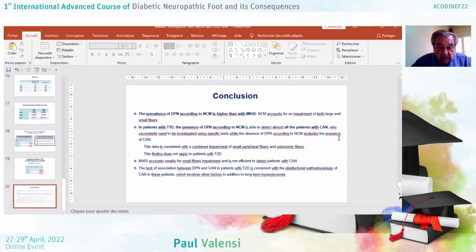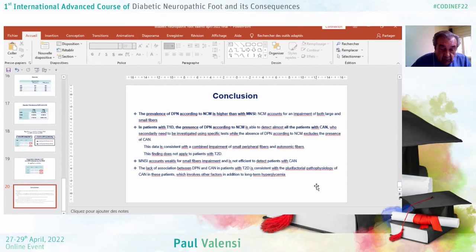This data is consistent with a combined impairment of small peripheral fibers and autonomic fibers. But this finding does not apply to patients with type 2 diabetes. MNSI accounts weakly for small fiber impairment and is not efficient to detect patients with CAN.